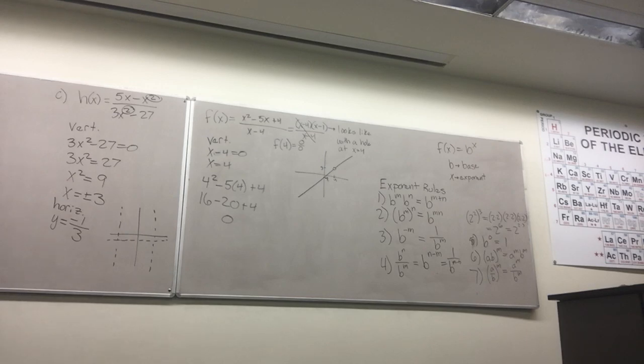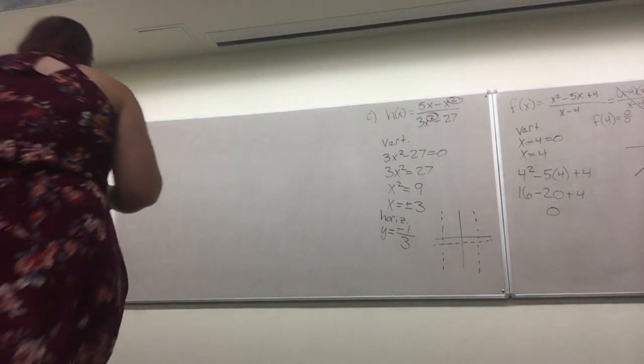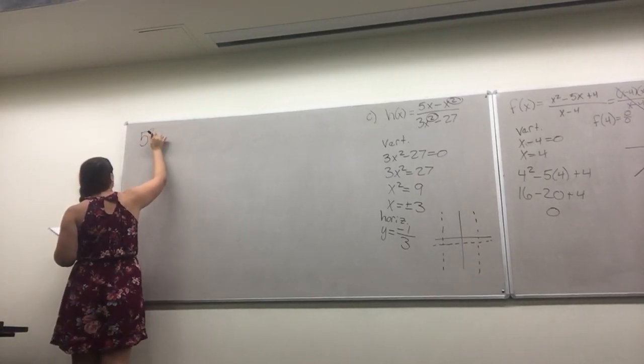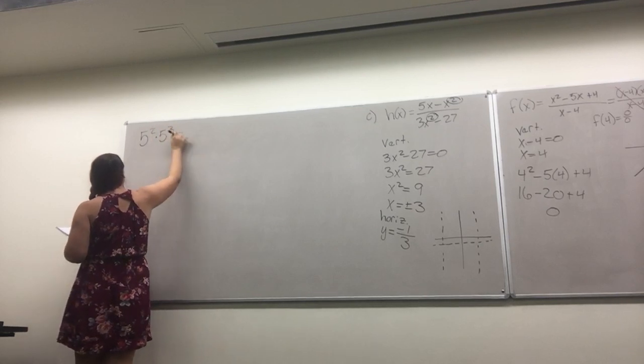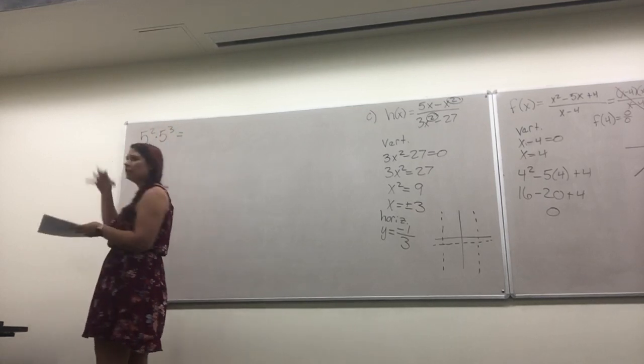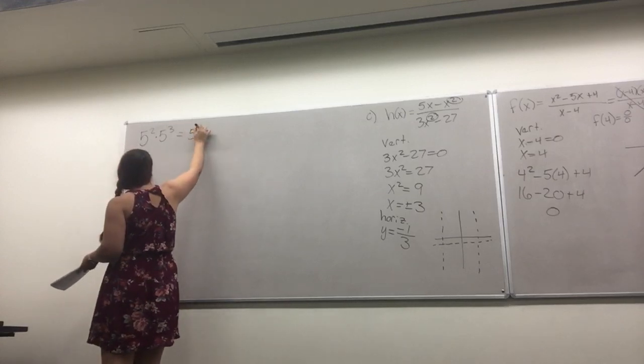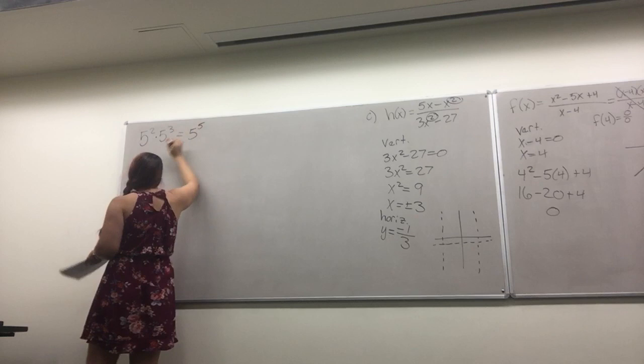So, if we start off with 5 squared times 5 cubed, what do we get? You don't have to multiply it out, just 5 to the 5th, because we add.